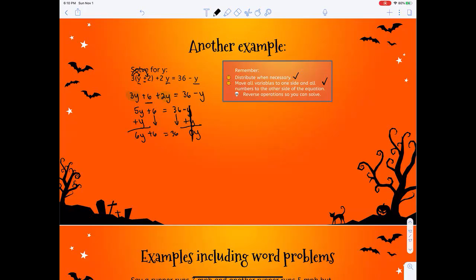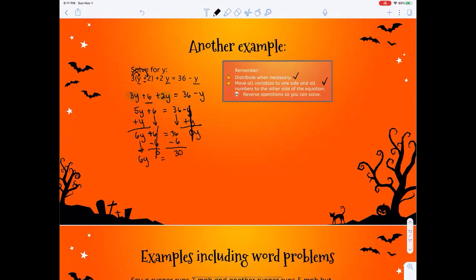Still, I don't have all numbers on one side, so I'll subtract this 6 and put it on the right side, because we said that we want to put the numbers on the right side. I have 36 minus 6 is 30. Positive 6 minus 6 is 0. And I still have this 6y.